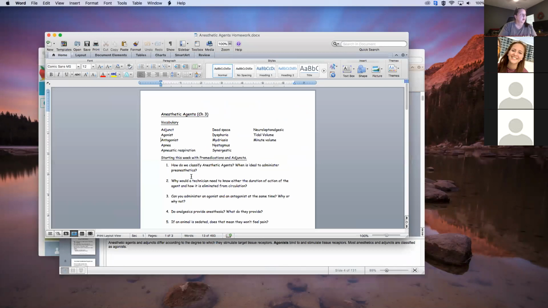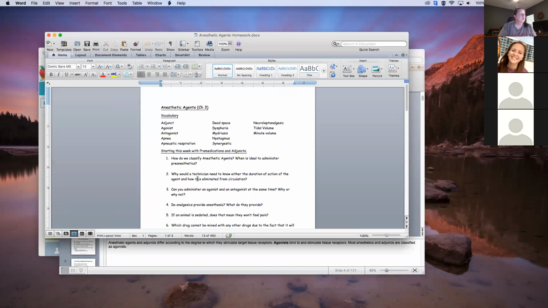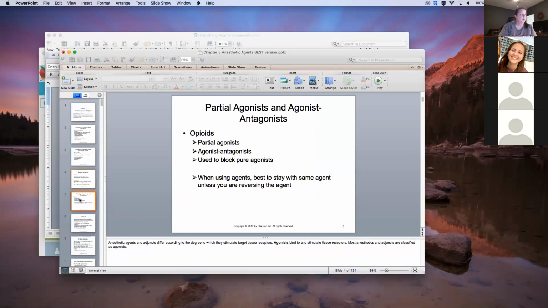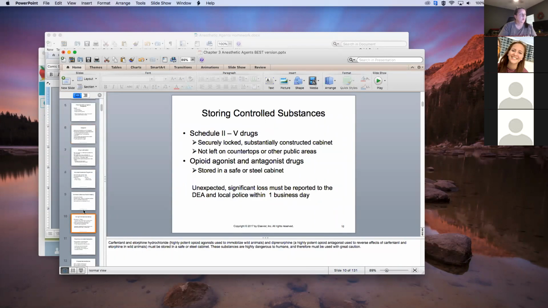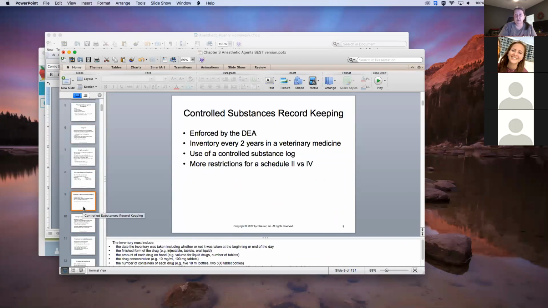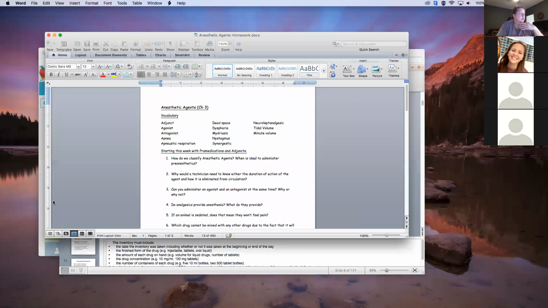Why would you need to either know the duration of action of the agent or how it's eliminated from circulation? Well, basically, when you are the one monitoring the patient, you need to know how long you expect to see those side effects. How long do you expect to have to monitor respiratory rate?